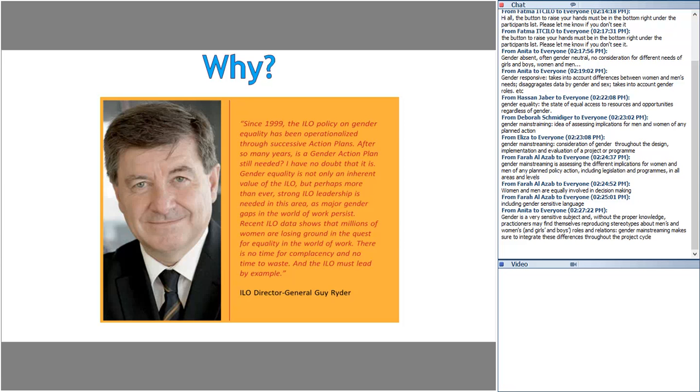This is because major gender gaps in the world of work persist. Recent ILO data shows that millions of women are losing ground in the quest for equality in the world of work. We haven't just consolidated our gains. In many areas around the world, we've actually lost some ground in the last couple of years. There is no time for complacency and no time to waste, and the ILO must lead by example.